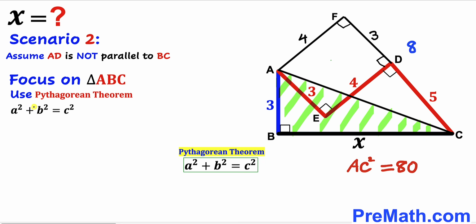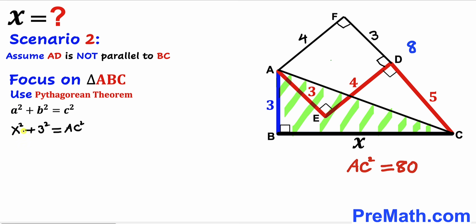So we can write x square plus 3 square equals AC square. Let's simplify. We are going to have x square plus 9 equal to AC square.